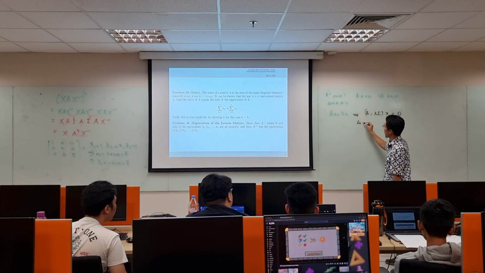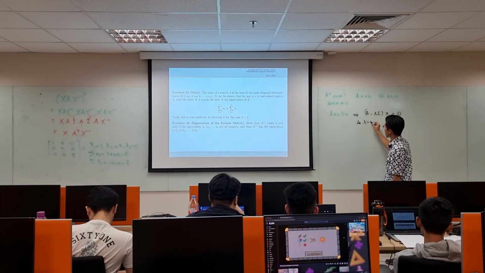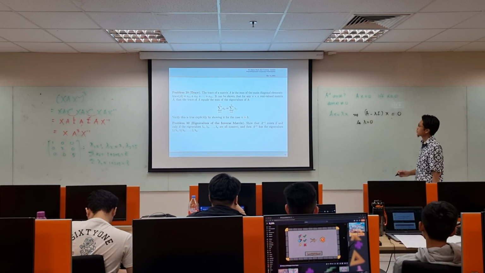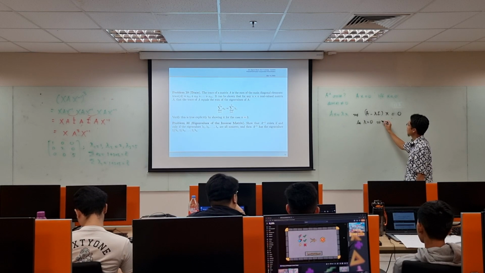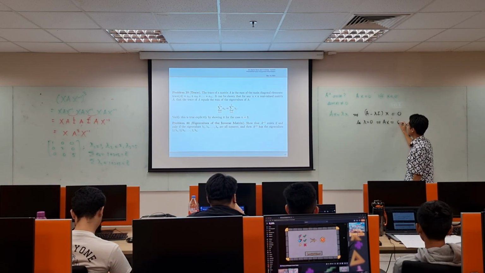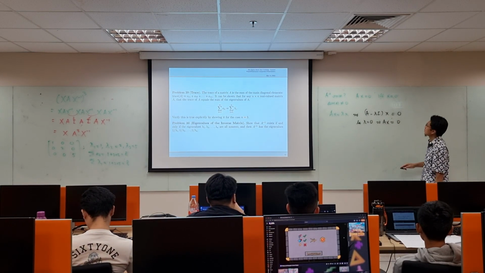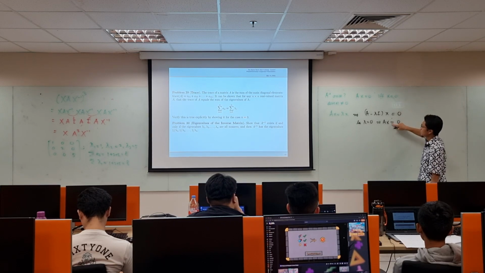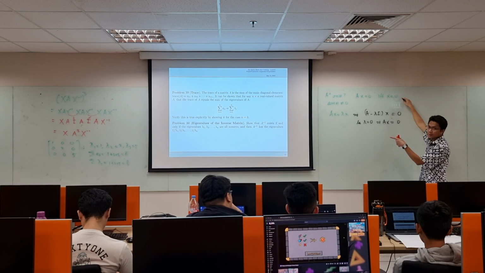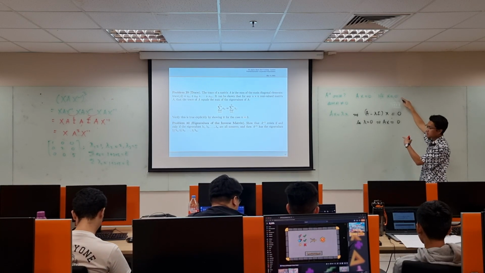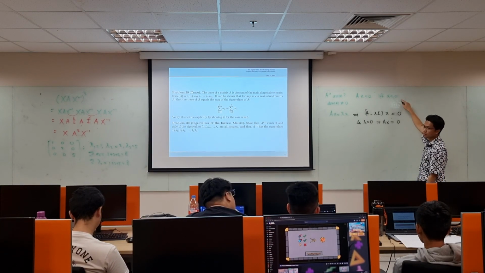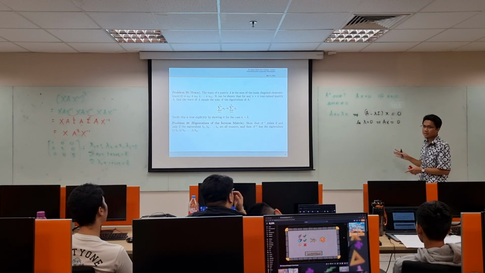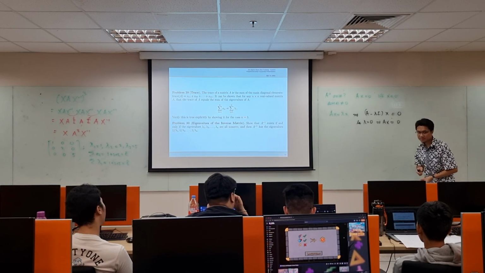Okay, let lambda equal to 0, then Ax equal to 0, right? So the only solution is x equal to 0 because A is non-singular. A inverse exists, right? The only solution is x equal to 0. So this is a contradiction. Can't happen.